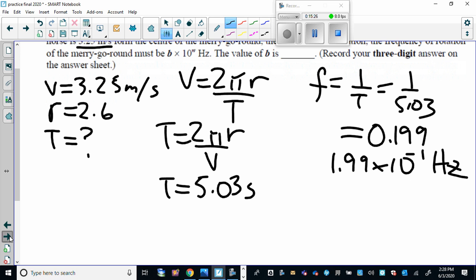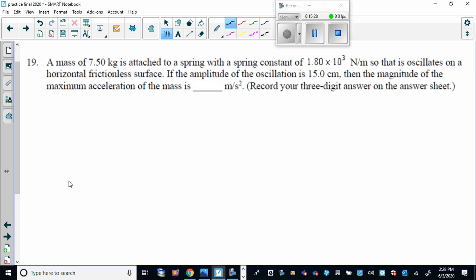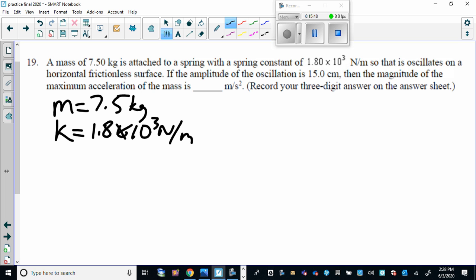Okay, pretty straightforward question. 19, a mass is attached to a spring with that constant. The amplitude of the oscillation is 15 centimeters, then the magnitude of the maximum acceleration? So what do we have here? We have the mass. We have the spring constant. And we have the displacement. The question is asking for acceleration.